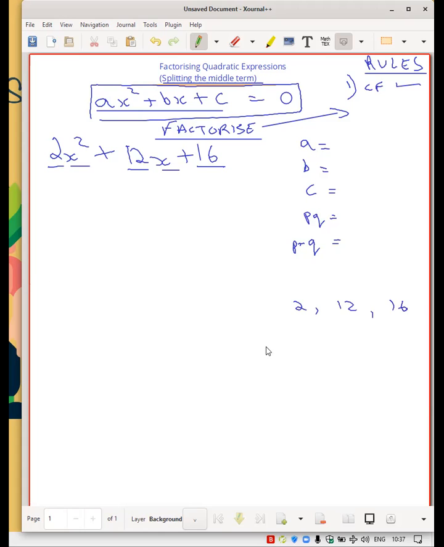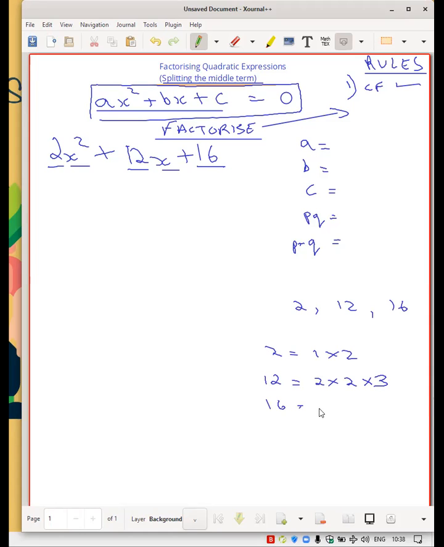What are the factors of 2, Sarah? 2 and 1. 1 into 2? Yes. What are the factors of 12? 2 into 2 into 3. Prime factors; 6 is not a prime factor. And of 16?